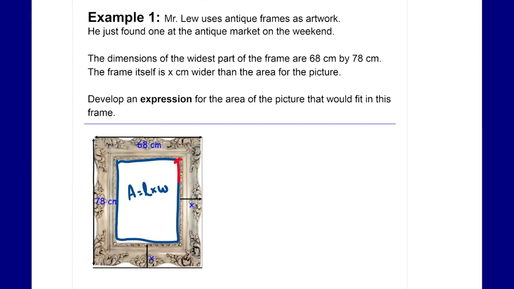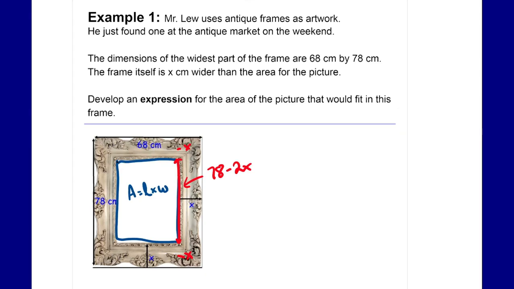Well, if the overall length is 78, and I'm taking away an X on the top and an X on the bottom, the length for the picture itself, not the frame, would be 78 minus 2x.